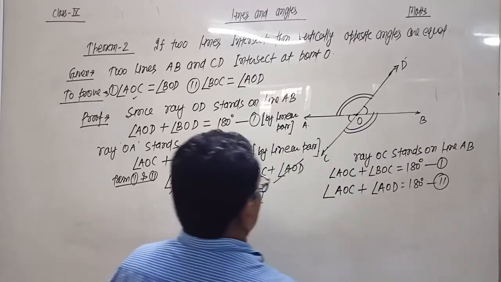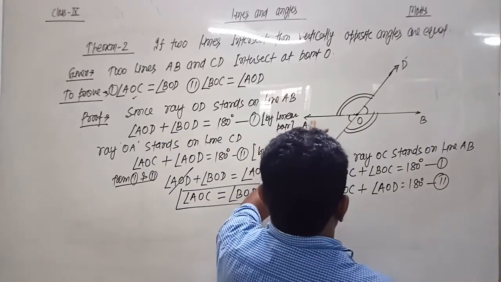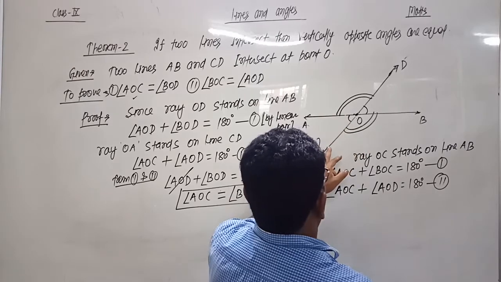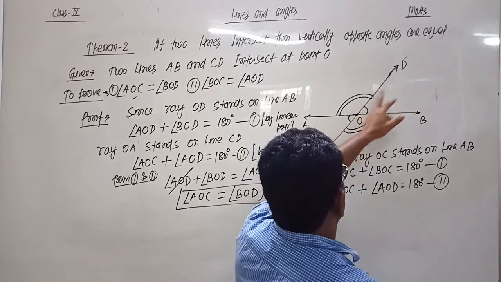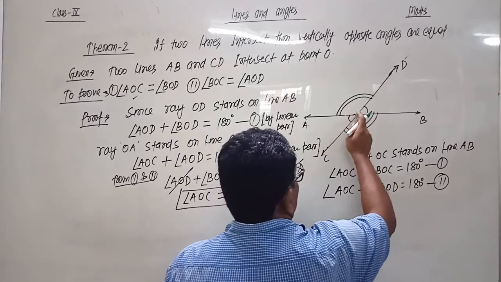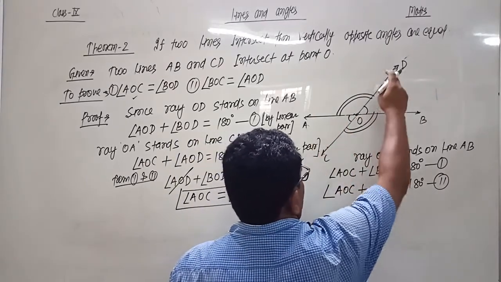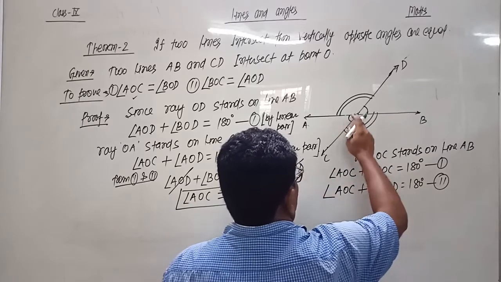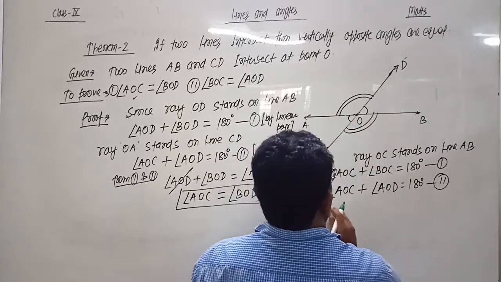This is the second equation. AOC plus AOD equals 180 degrees because ray OA stands on CD.